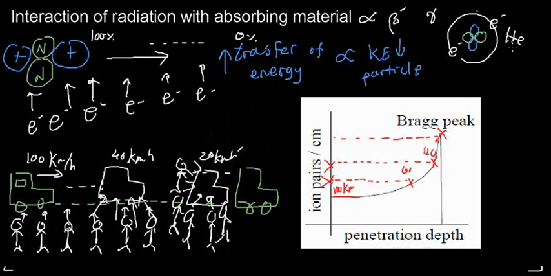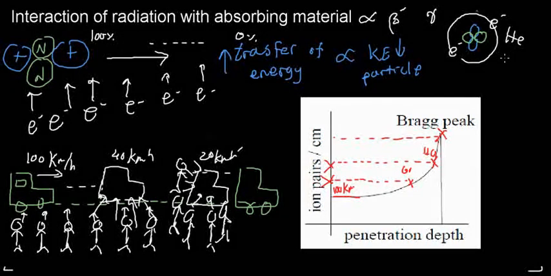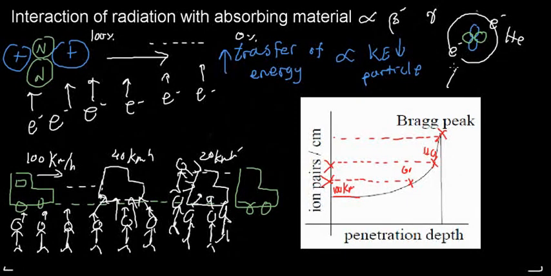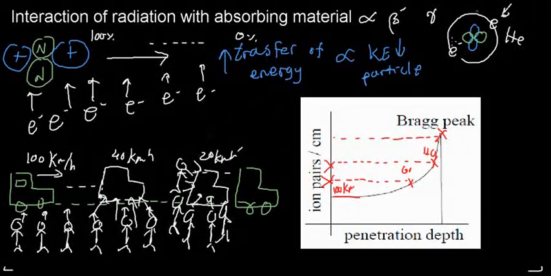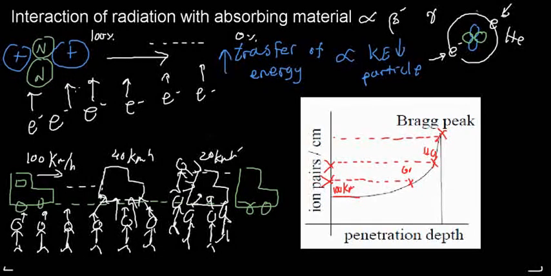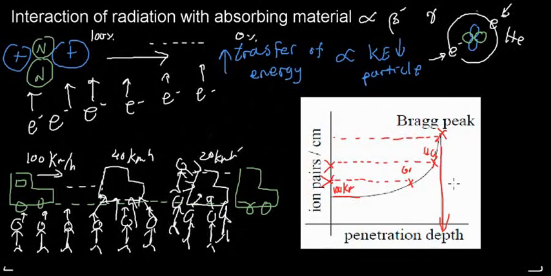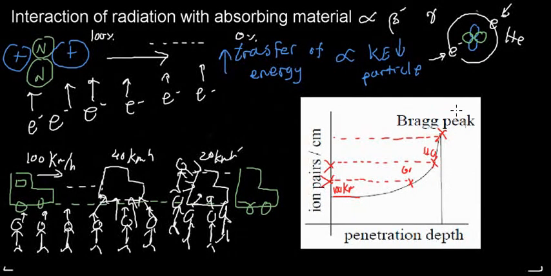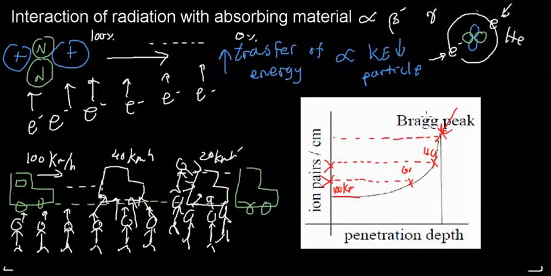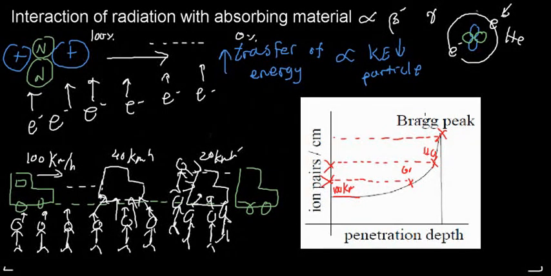And helium doesn't like to interact with its environment at all. It's a noble gas. It's inert. So once we have two electrons in the orbital, it doesn't produce any more ion pairs, and it just drops. There's no more ion pairs generated. And the Bragg peak is really the point at which the kinetic energy of the alpha particle is decreased to zero.